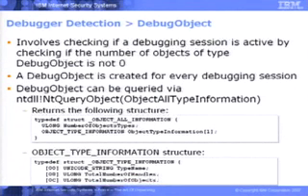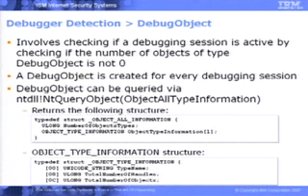Basically, this API will return a specific structure. It contains the number of object types in the system, and then the object type information about all the object types and how many objects of that particular type exist in the system.